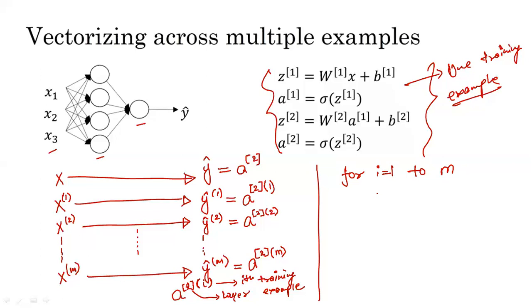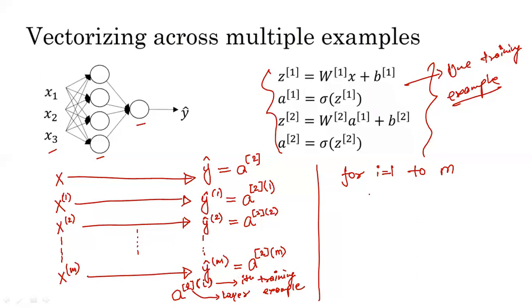For all the m training examples, I have to introduce a new superscript, the i inside round brackets, in these equations.